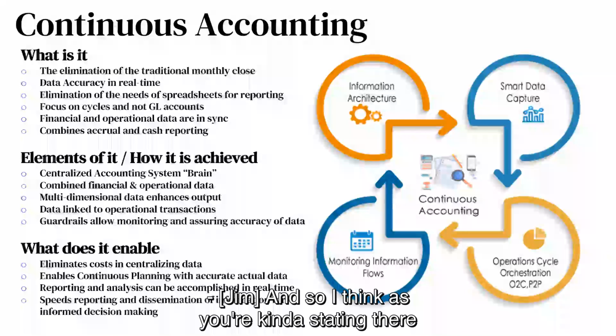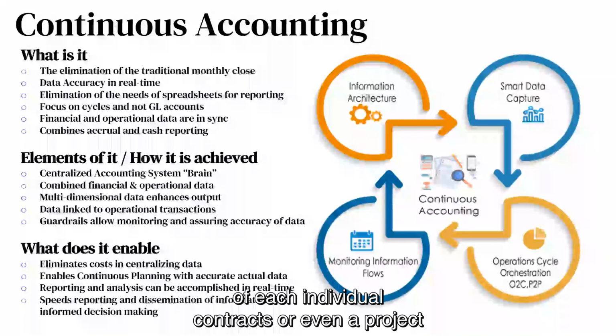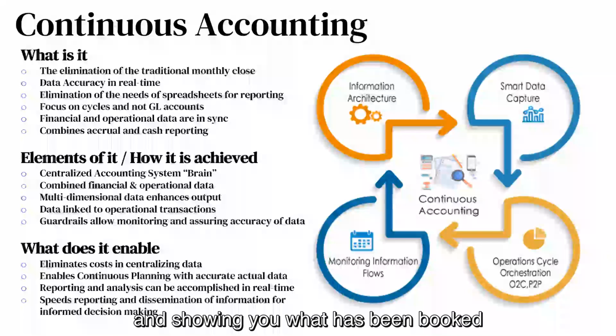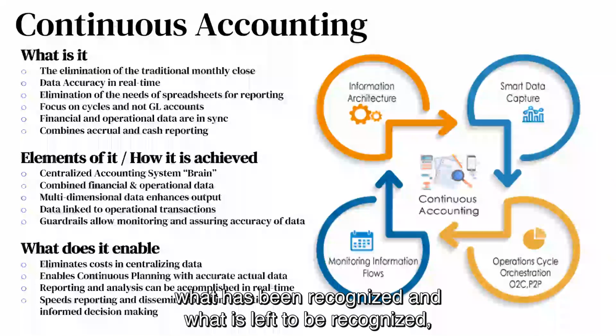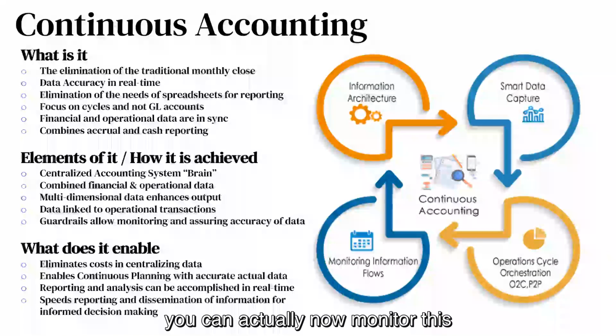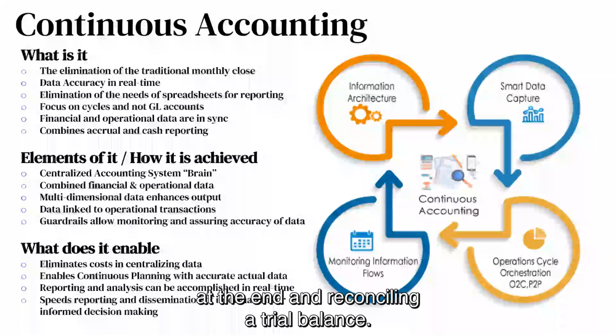And so I think as you're stating there, by having a dashboard that's giving you visibility of each individual contract or even a project and showing you what has been booked and what has been invoiced and what is left to invoice, what has been recognized and what is left to be recognized, you can actually now monitor this on a daily or weekly basis, as opposed to waiting for the general ledger accounts at the end and reconciling a trial balance.